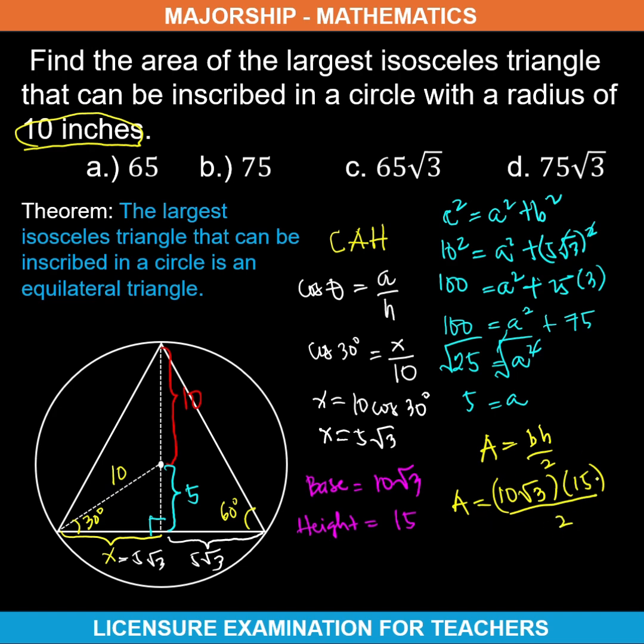Okay, 10 times 15 is 150. Divided by 2 is 75. So A equals 75 square root of 3 square inches. Okay, so this is now the area of your triangle. 75 square root of 3 square inches.